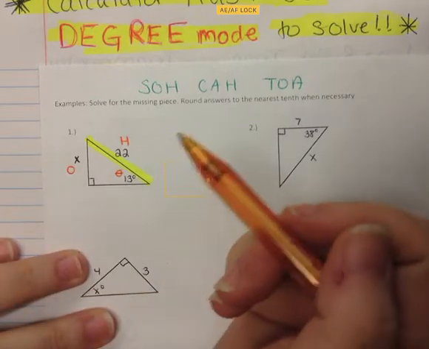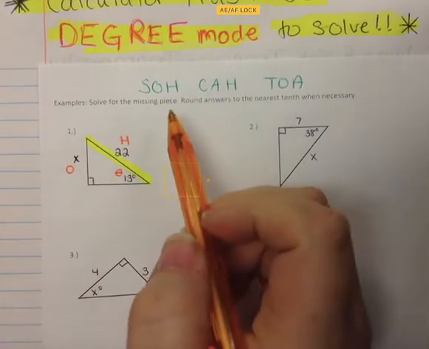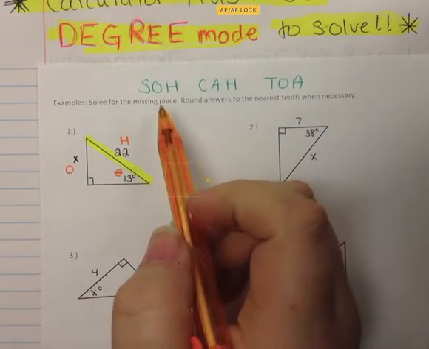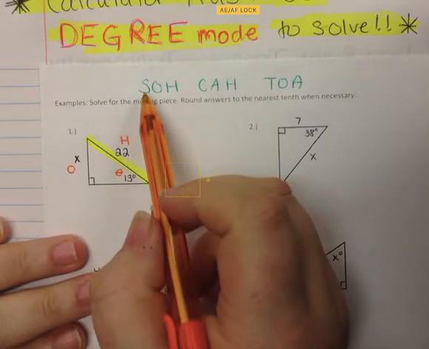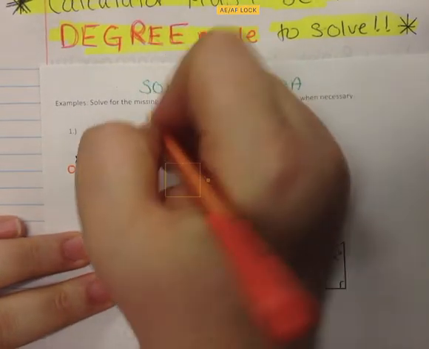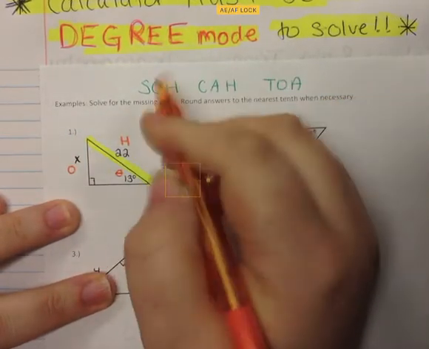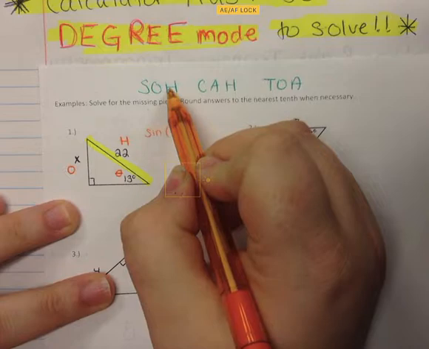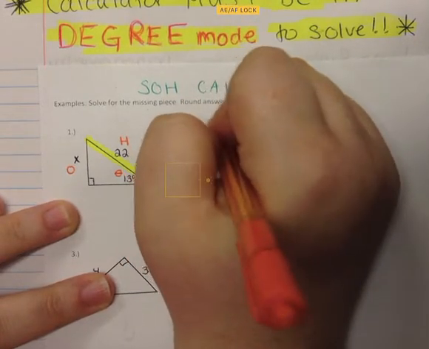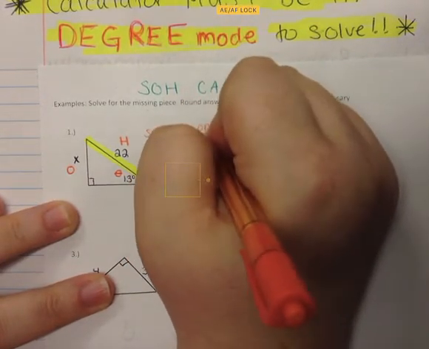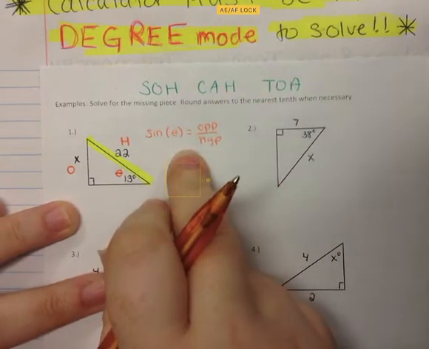So we're going to write out the basic trig equation, trig function for this, trig ratio. The S stands for sine, so it's going to be sine of theta is equal to O over H, so opposite over hypotenuse. We do this first.